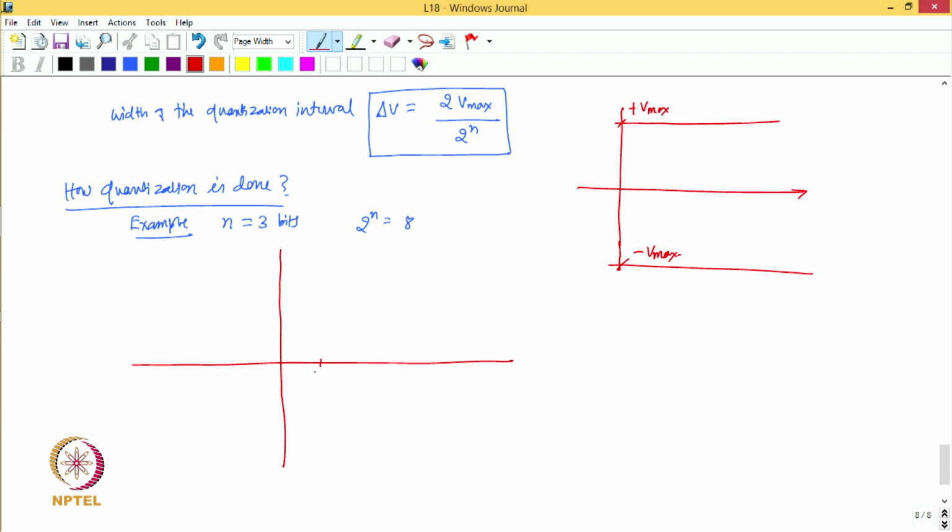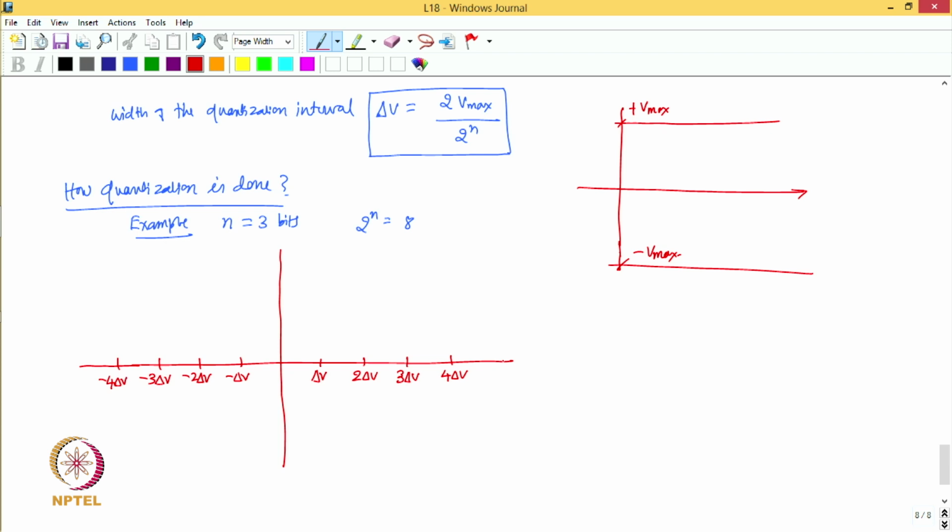Let us say this is delta V, then we have 2 delta V, 3 delta V, and 4 delta V. On the negative side also we have minus delta V, minus 2 delta V, minus 3 delta V, and minus 4 delta V.